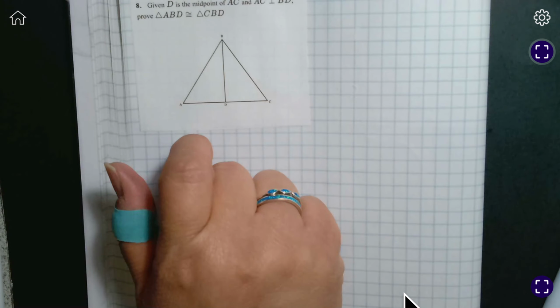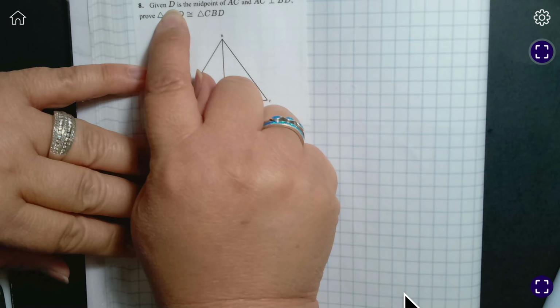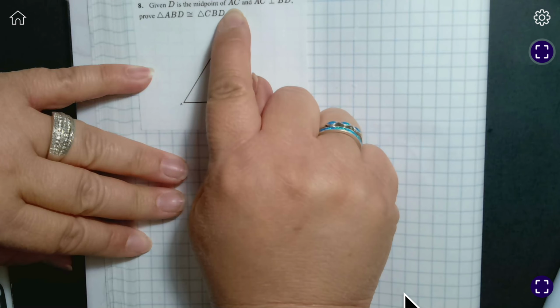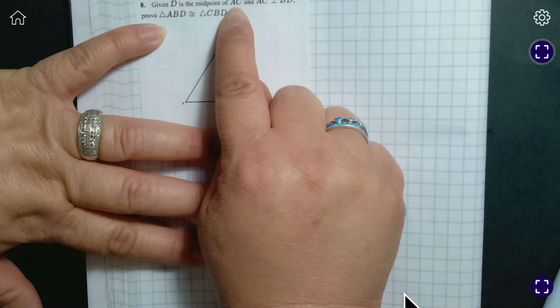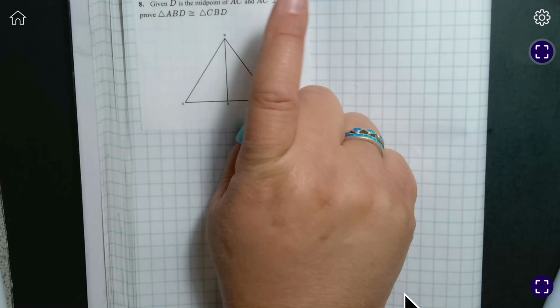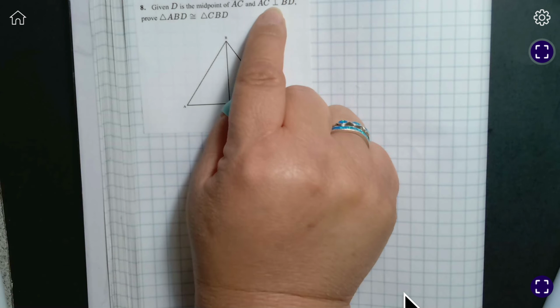So you're given D is a midpoint of AC. That's going to need an extra box. You're given these are perpendicular. This is going to be actually 3 boxes because this does not give you congruent angles.